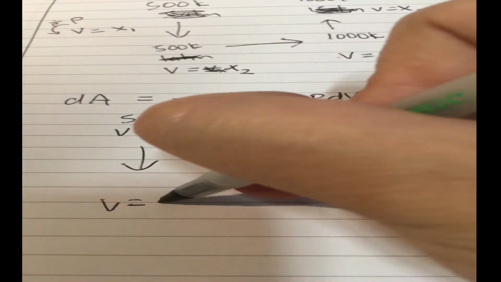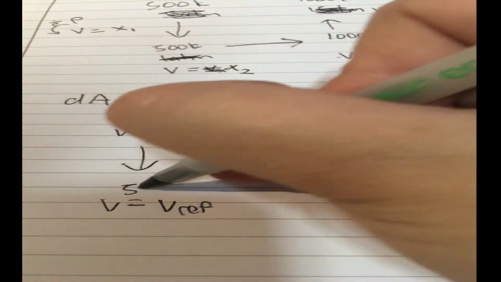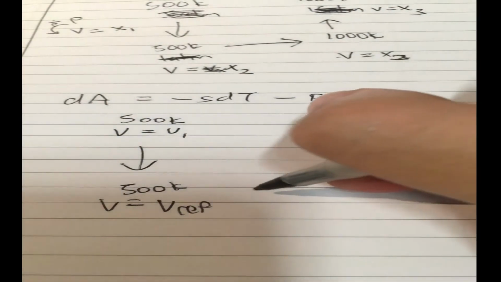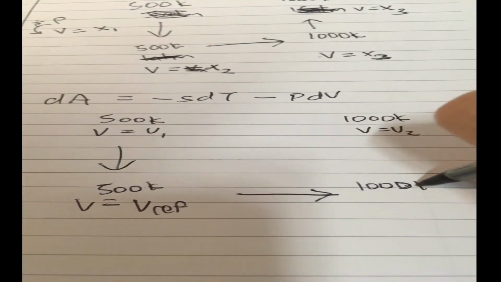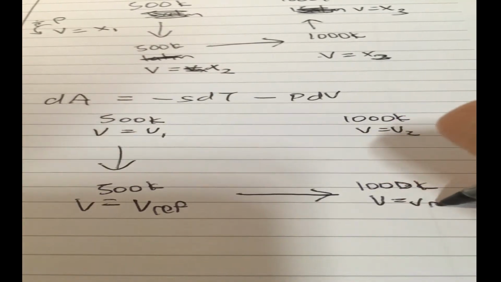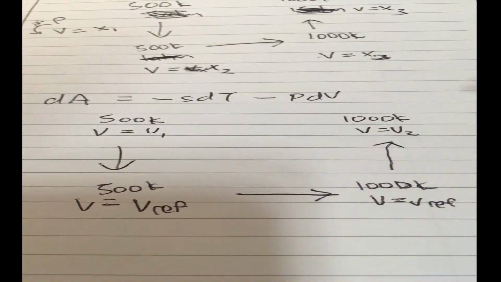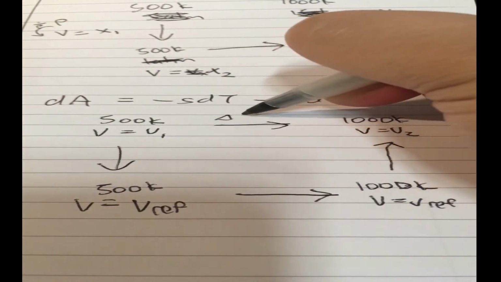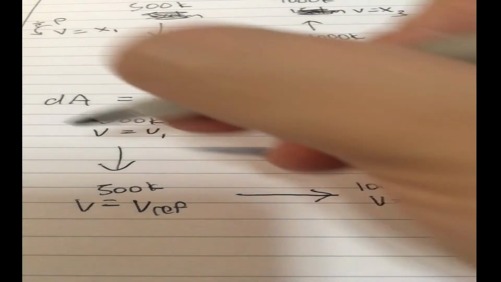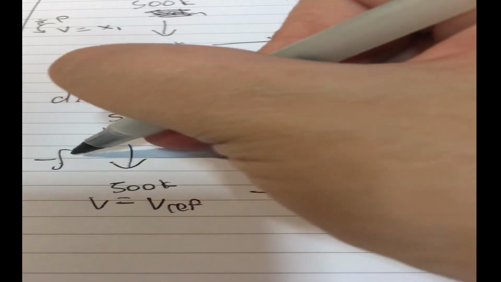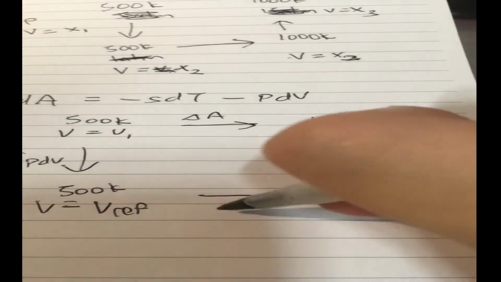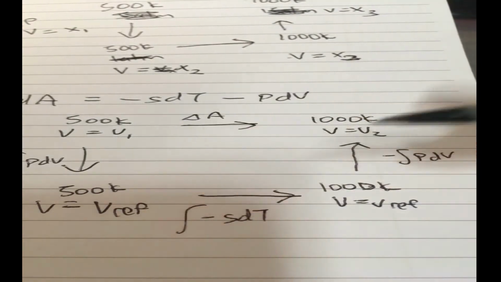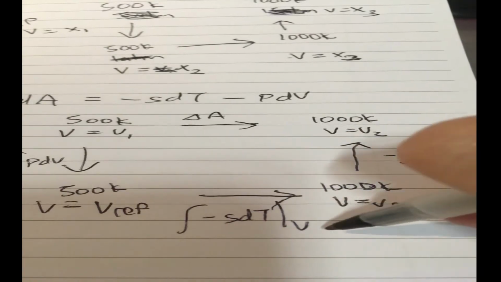You go to an easy reference volume, change the temperature at that volume, and change the volume isothermally, and you can find your delta A. So here is your integral of PdV, and the integral of SdT, keeping volume constant.